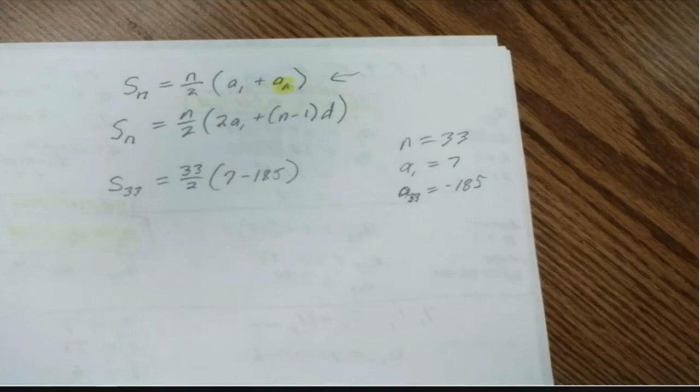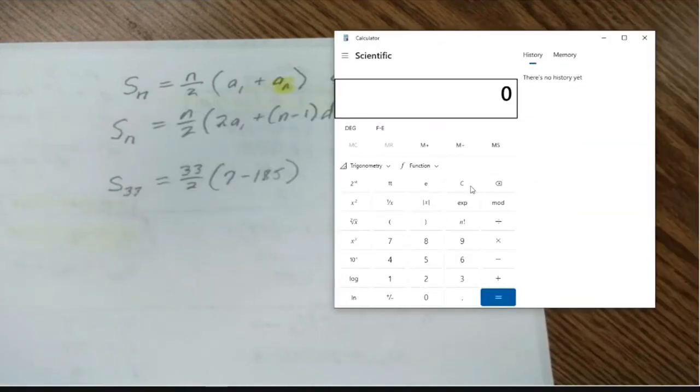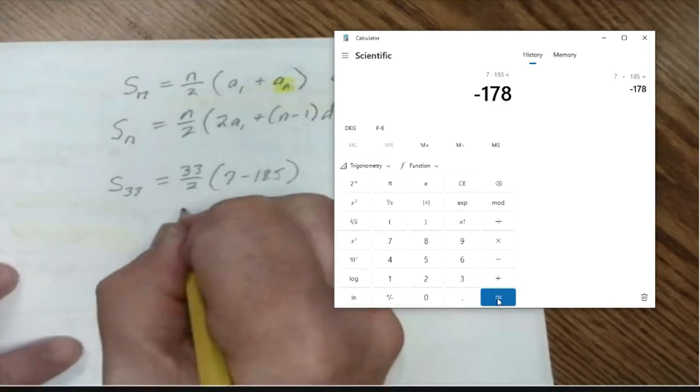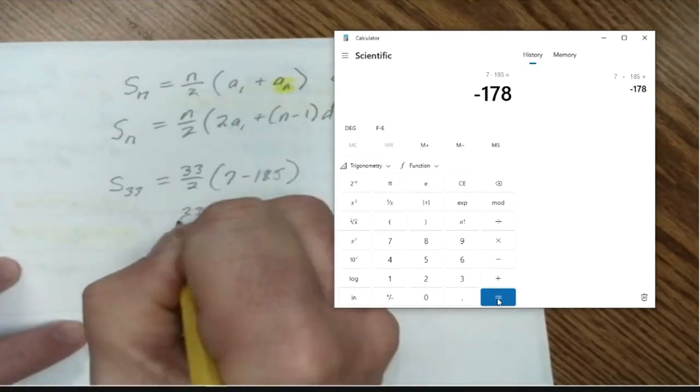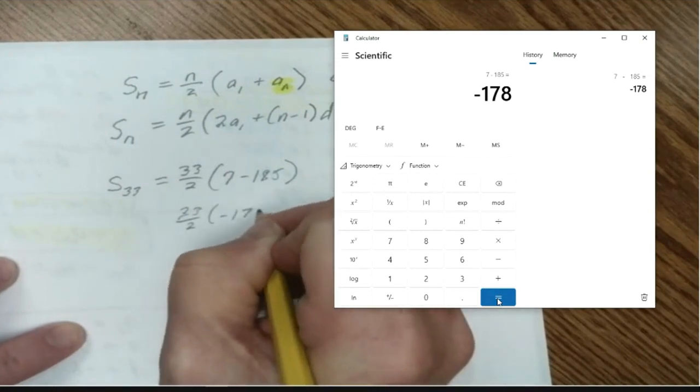So if we do that math, this will tell us how much all of that adds up to. So let's pull our calculator up so we don't make a mistake, because we're dealing with some nice big numbers here. So we take 7 minus 185, because we have to do parentheses first, right? Order of operations. So this will be 33 halves, which is 16 and a half, by the way, times -178.